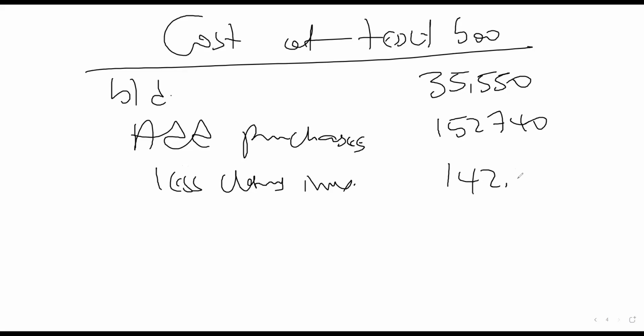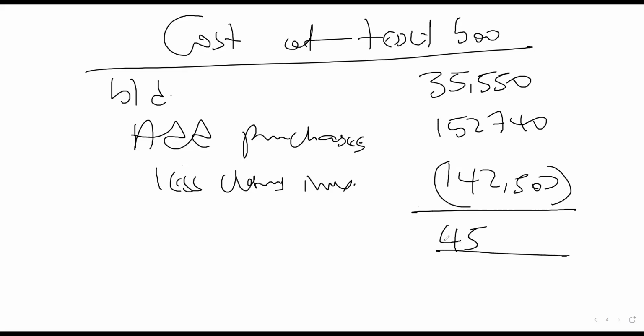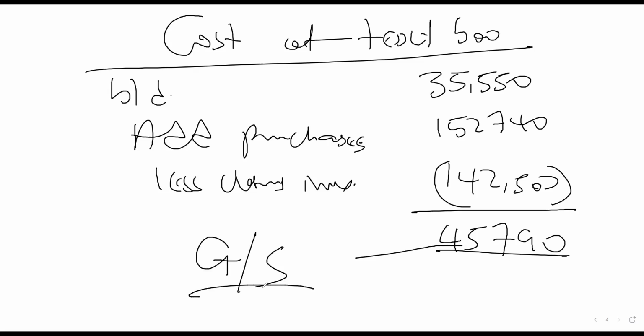Then the balance is 45,790. Then this one goes to goods and services. This one goes to the financial position as inventory under current assets.